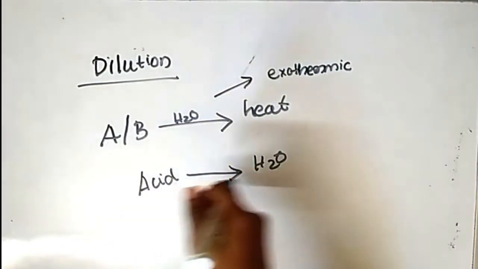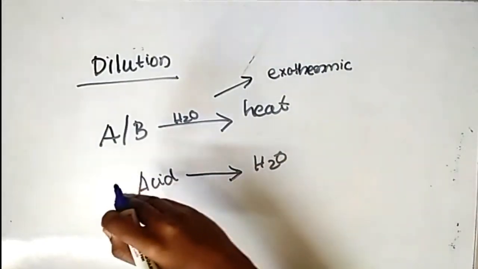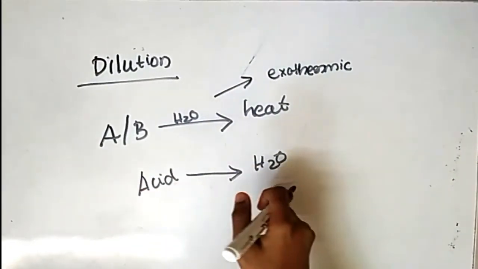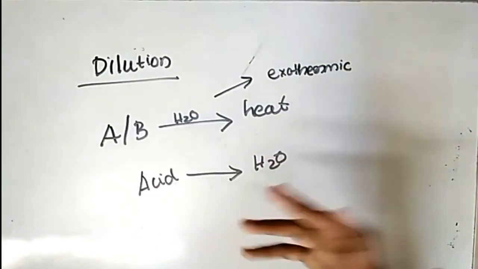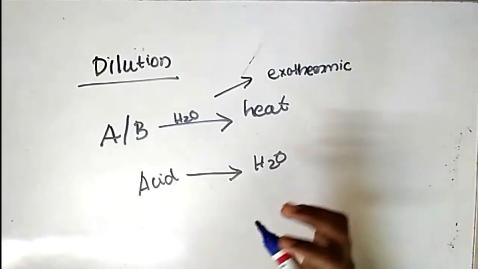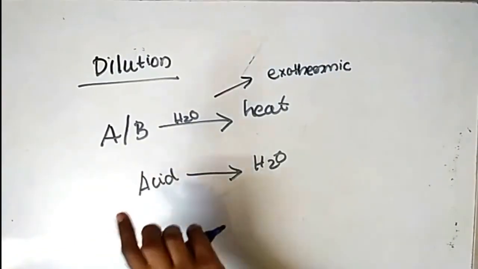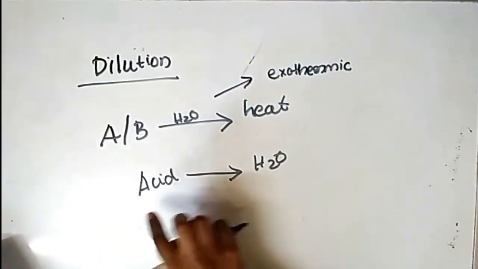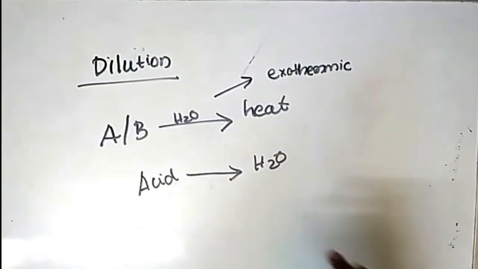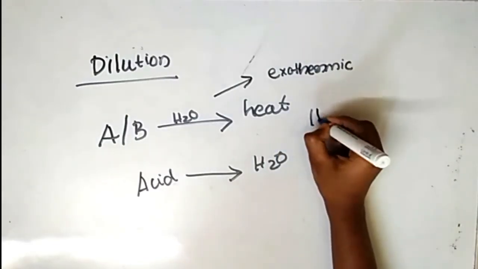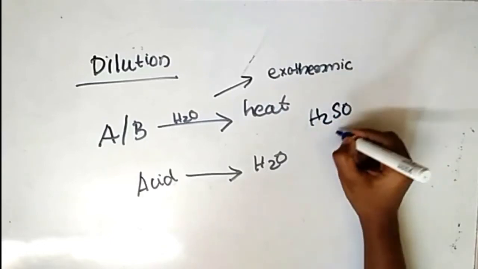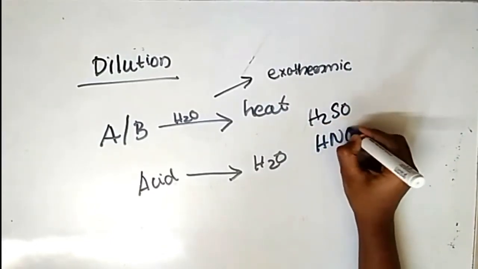Always pour acid into water, not water into acid, because if water is added to the acid, it may generate more heat and may splash and cause burns. So always add acid to the water.